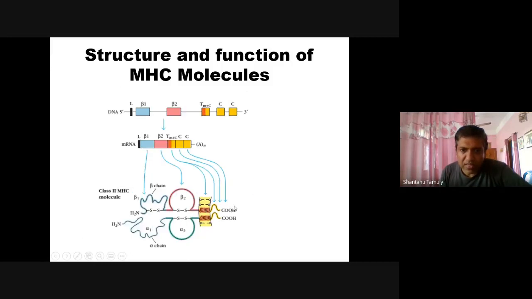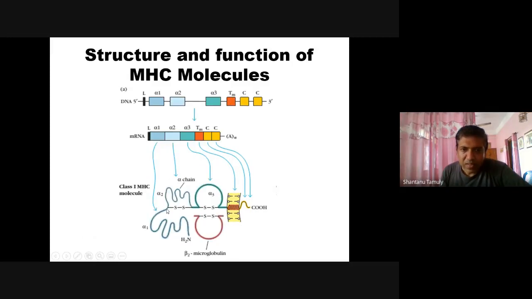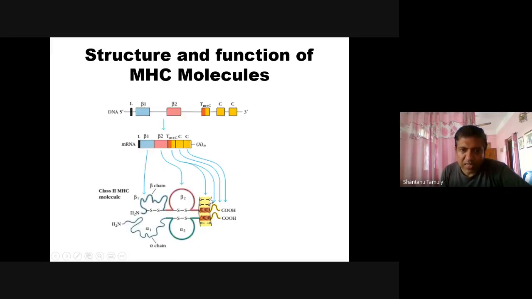Now in this case, you find that the beta domain is as big as the alpha domain. Here, this antigenic peptide binding domain is made exclusively by the alpha domain. The beta domain is not contributing in the formation of this particular pocket. Now in this case, both alpha and beta contribute in formation of the pocket.